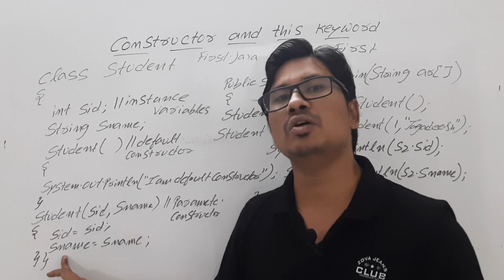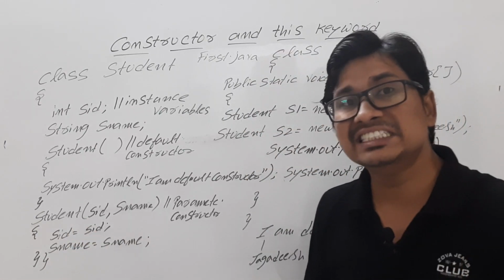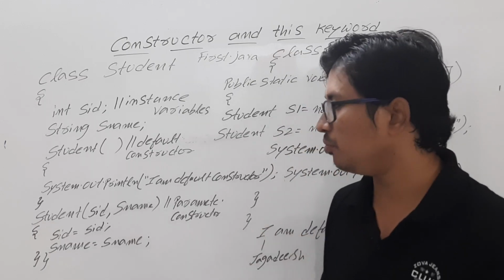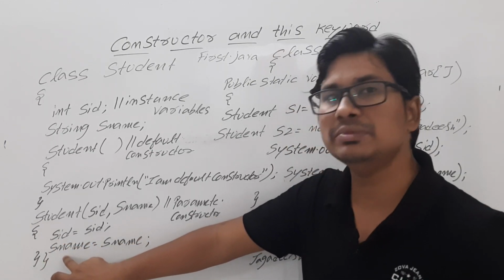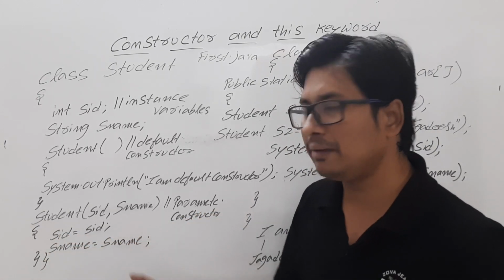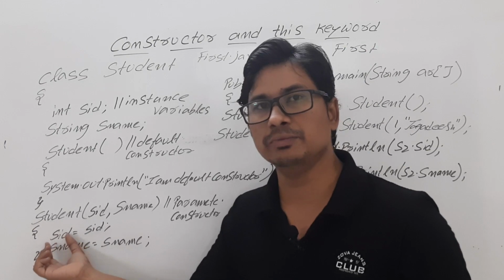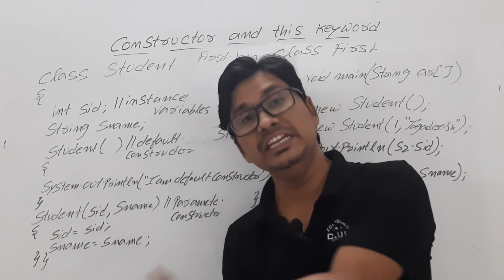Similarly, sname is also treated as a local variable. So this problem we call the instance variable hiding problem, because this sid and sname are instance variables, but they are hidden and the compiler thinks they are local variables.